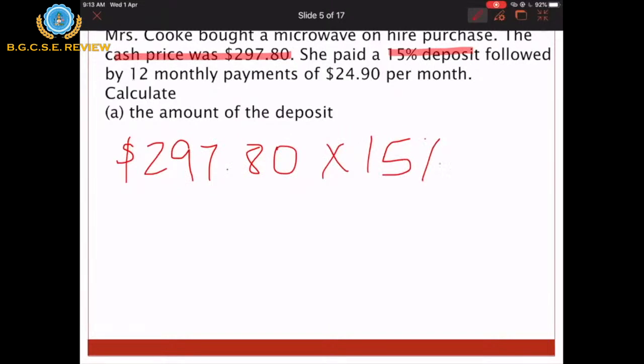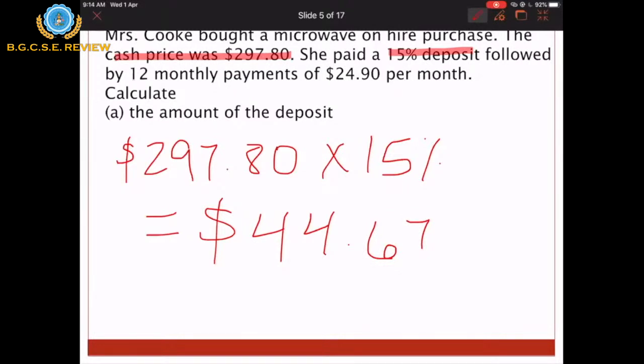Once I put that into my calculator, as was said in the chat by a few persons, congratulations if you got it, 44.67. If you got this so far, good job.